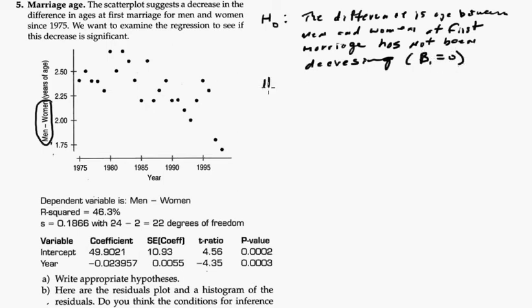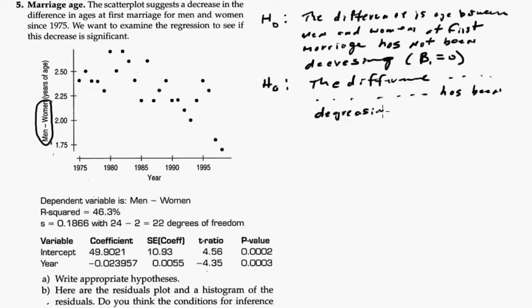And so the alternative would be the difference has been decreasing. So the slope of the line for the entire population is less than 0.